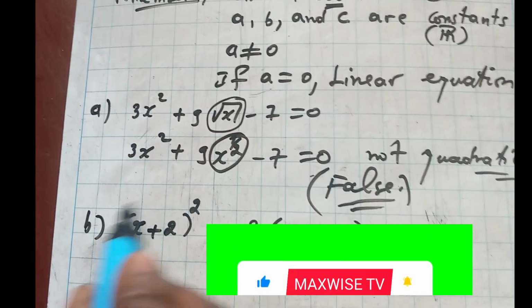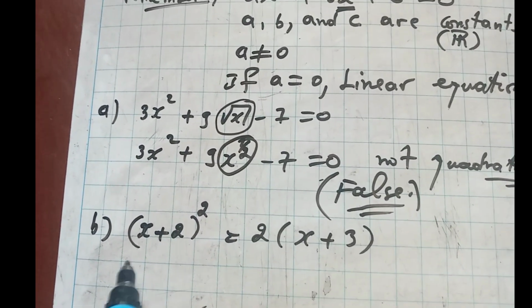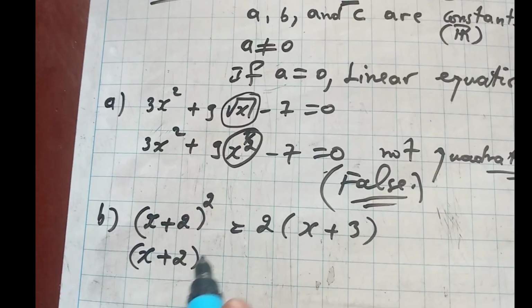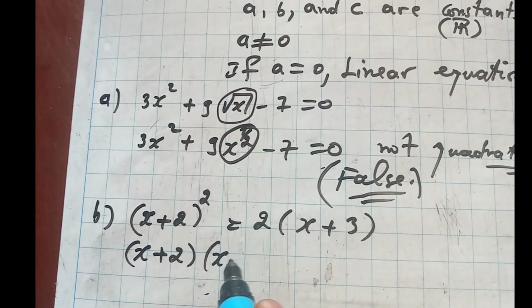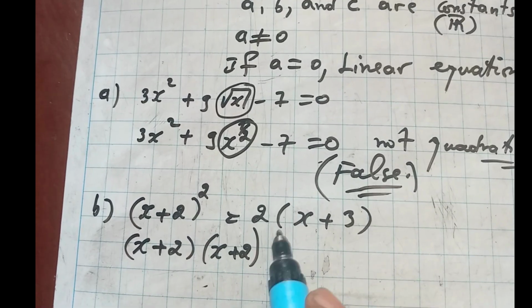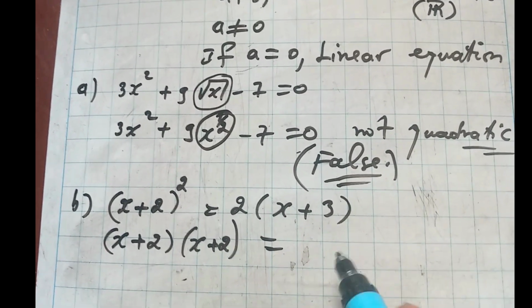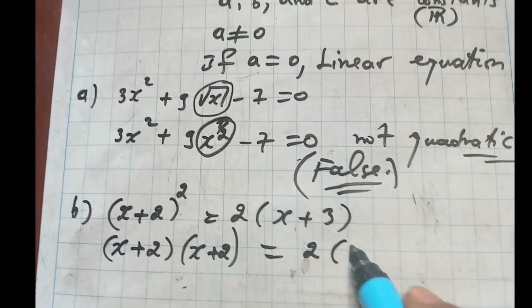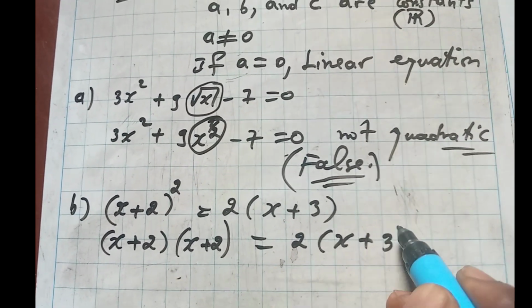Now, by expanding the left-hand side, we have (x plus 2) times (x plus 2). And also, you can expand the right-hand side at the same time. We have 2 times (x plus 3).